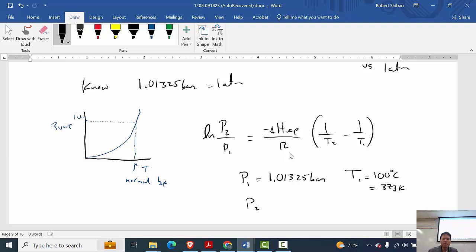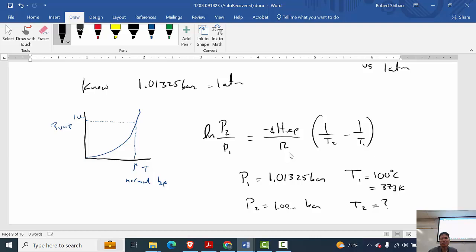However, our pressure is a little bit lower. Our pressure is exactly 1 bar, so I'll just do 1.00 bar. And I want to know what the temperature is here, T2.